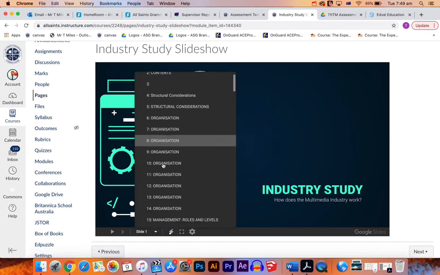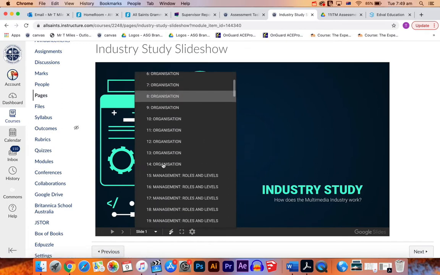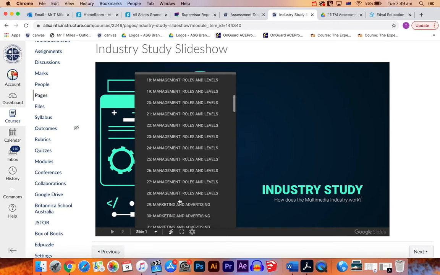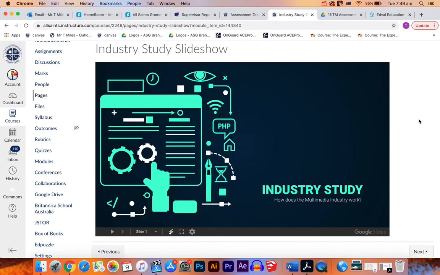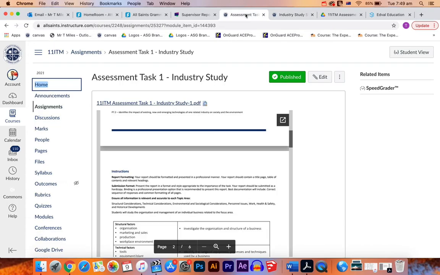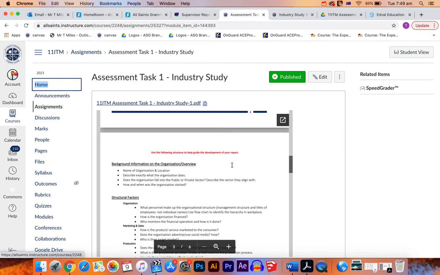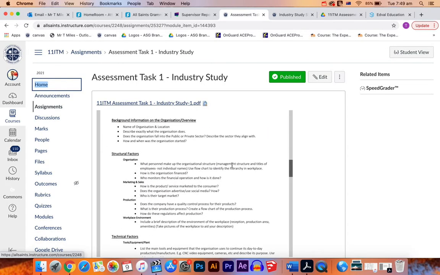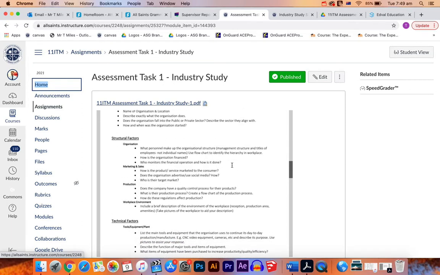When we're looking at things like structural factors, you've got this whole body of information here that you could use to refresh your memory. But that should be a backup. We've got the scaffold here, but we've also got explicit questions that guide the information that you need to include in your report.